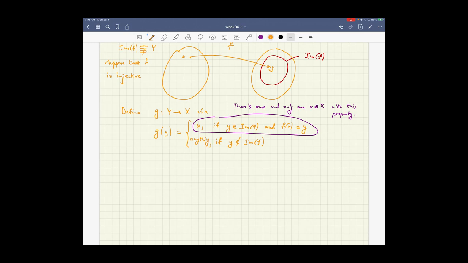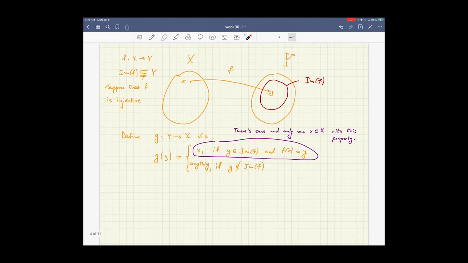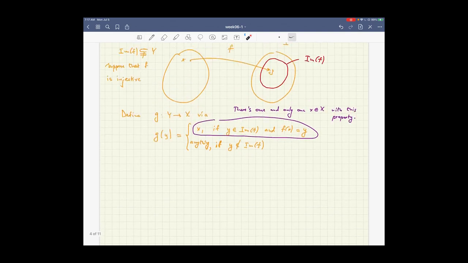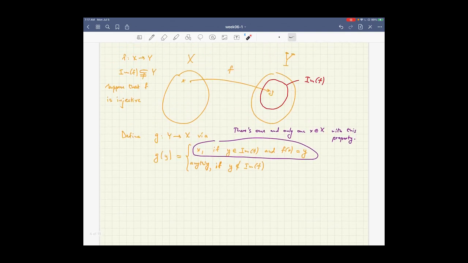And because the image of f is less than y, I have this freedom to assign the value of g at y to be anything I want.